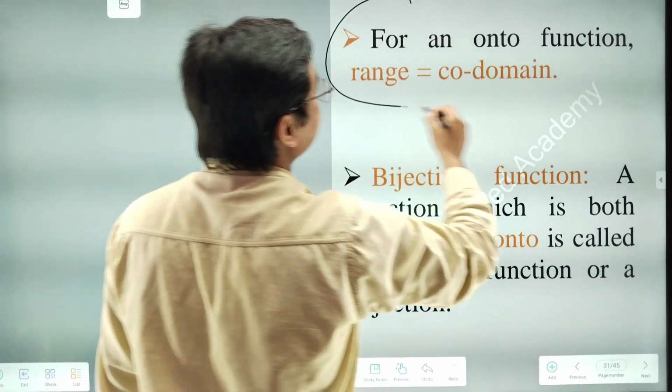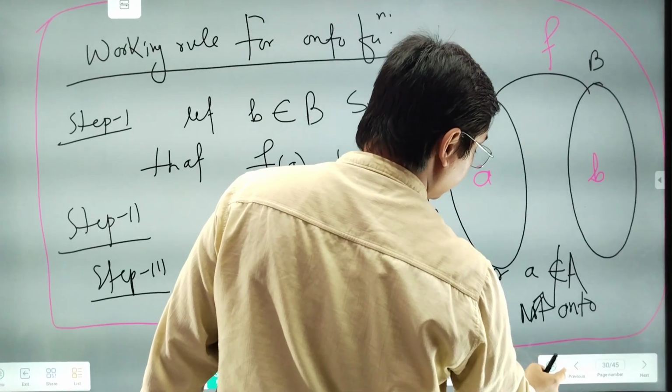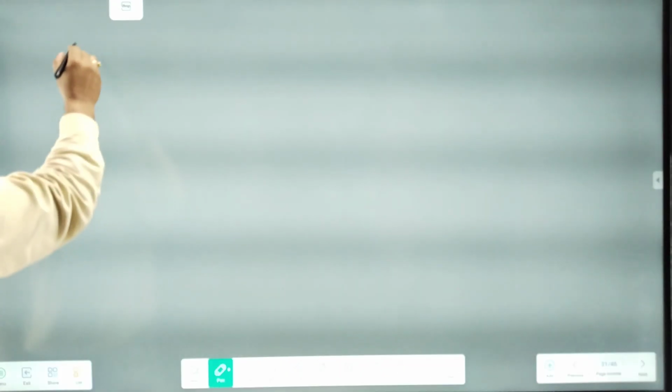So you see here, in case of an onto function, range set and codomain are equal. Here also I will take an example for an onto function.